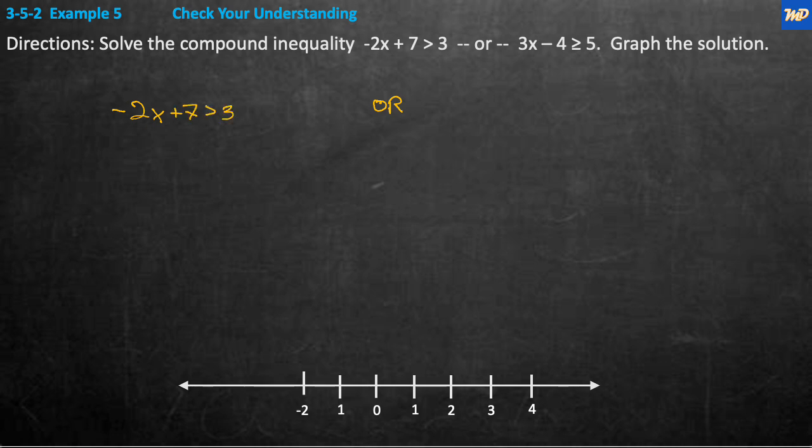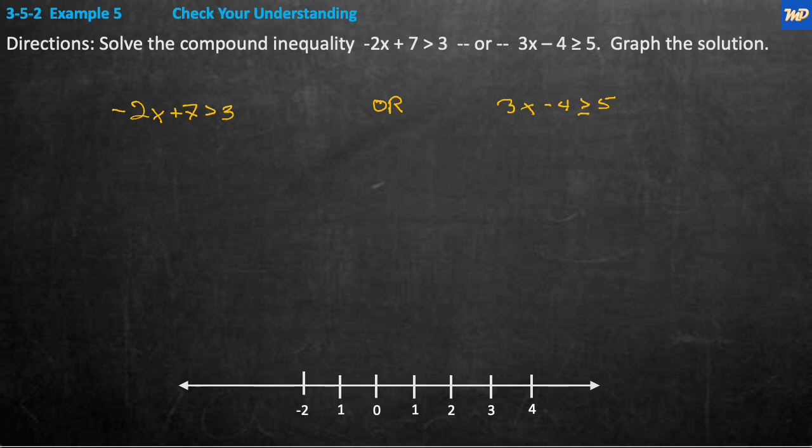And over here we have 3x minus 4 is greater than or equal to 5. So let's work on the left-hand side first. We're going to solve it like it's an equation, and the only thing you have to be aware of is if you're multiplying or dividing by a negative number. Okay, so let's go ahead and solve it.